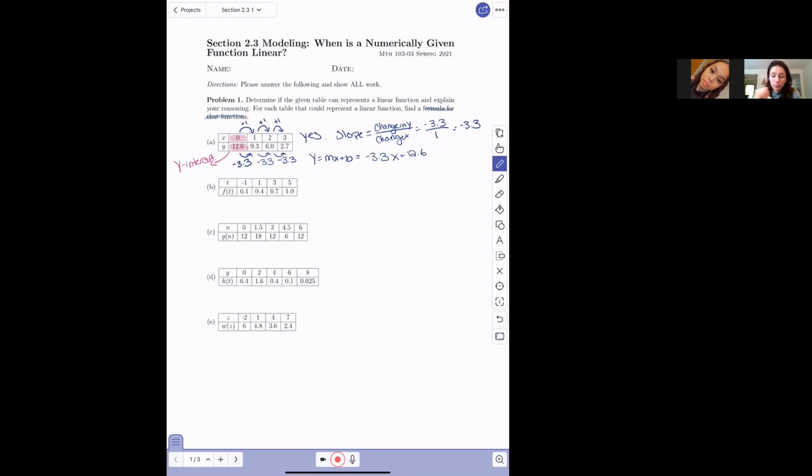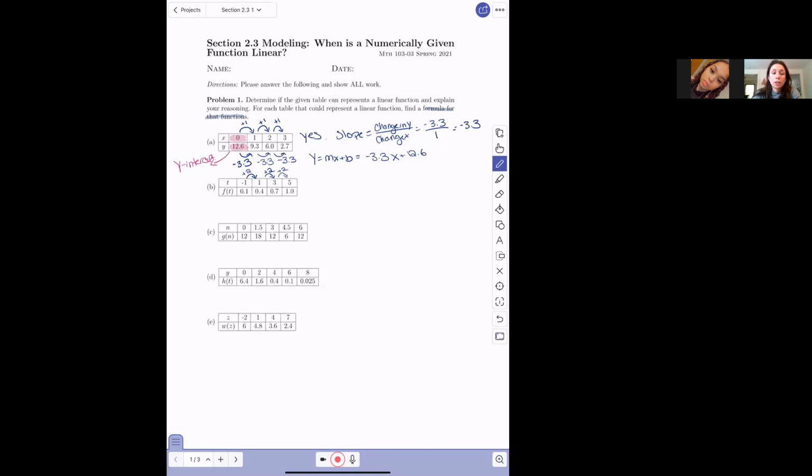For table B, let's check what our t is incrementing by. We go from negative 1 to 1, so that's plus 2. We go from 1 to 3, that's plus 2. We go from 3 to 5, and that's plus 2.